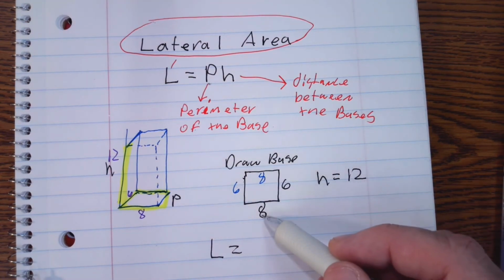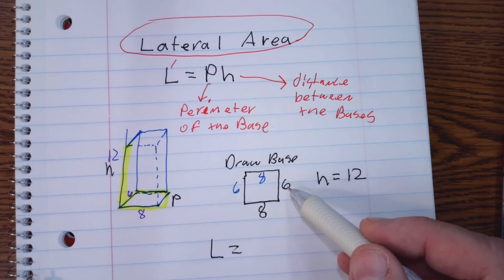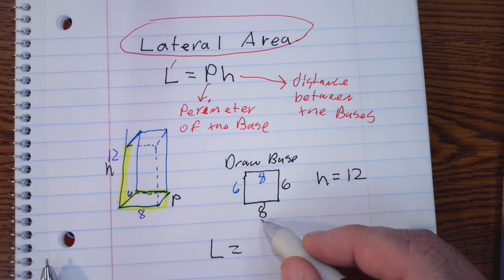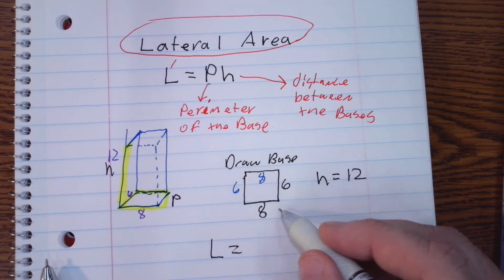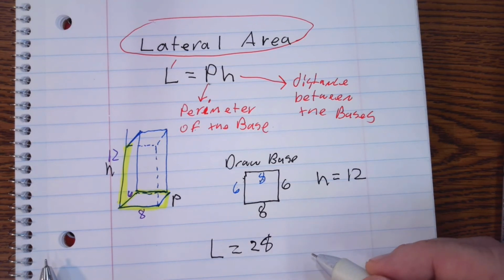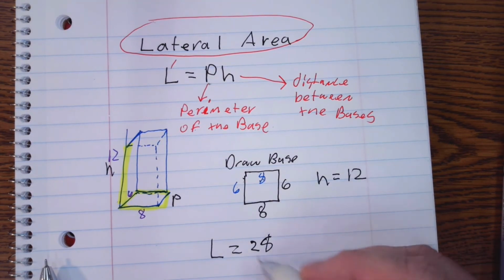So that would be what? 16, 12, 28? Because that's 16 and that's 12, so that should be 28? Is that right? So this is the perimeter of the base, and then I need to multiply it by the height.